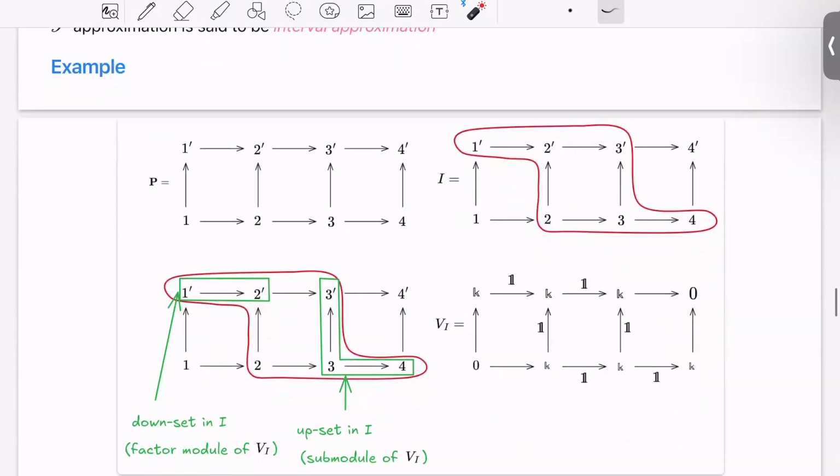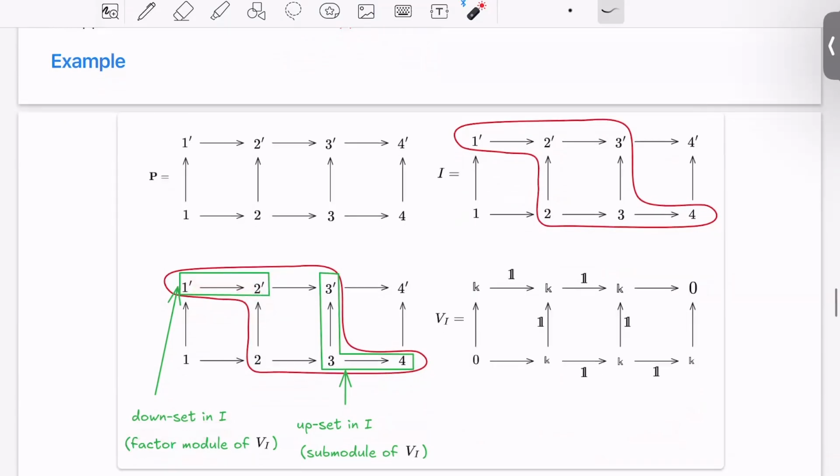Inside I, we have some subsets. For example, this one is closed under taking predecessors. It is called an upset. And this is closed under predecessors, so this kind of subset is called a downset in I. This is used.